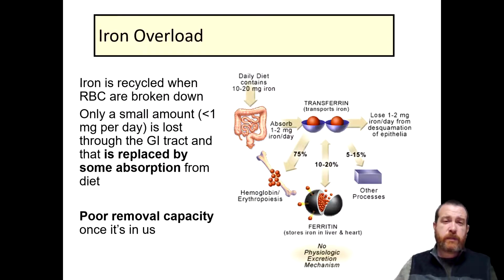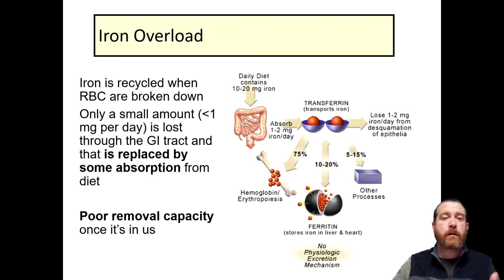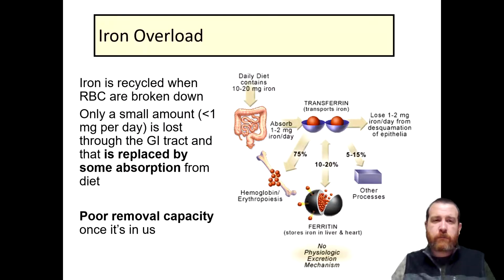Some of that is being replaced, but the problem is if I have way too much iron being added to the system, things like a red blood cell donation, I can't really excrete it, right? I can't get rid of it all that well. I can store some of this for a rainy day in molecules like ferritin, but there's only so significant of an effect that I can actually have on this.